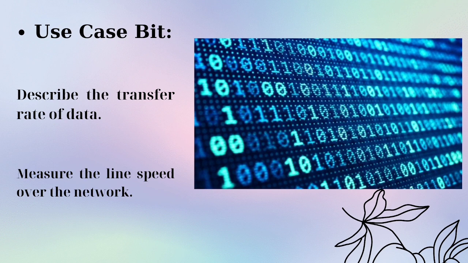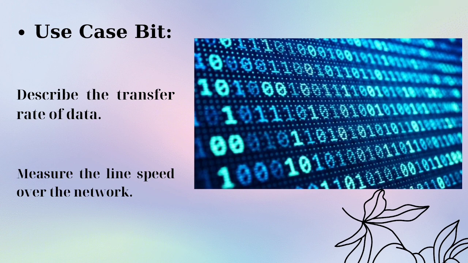Bits are mainly used to describe the transfer rate of data in storage devices and in telecommunication networks. In addition, the bit is used to display the computing power of the CPU and some other functions. Bit is used to measure the speed of the network.